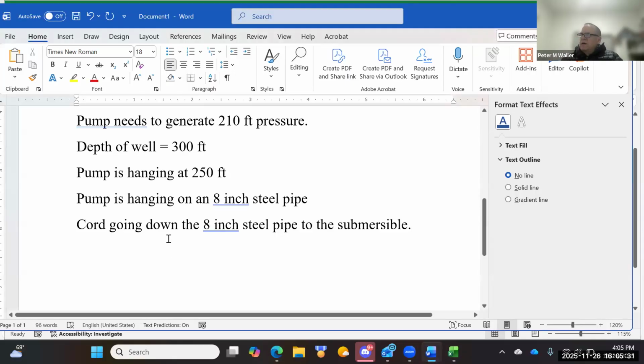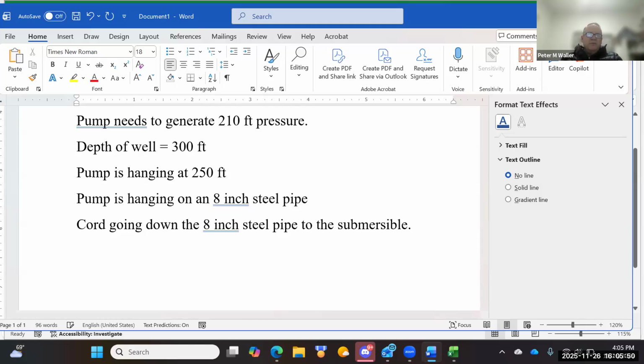Okay, so the power that I need for my pump is my flow rate, Q, times my total dynamic head divided by 3960. That gives you horsepower.